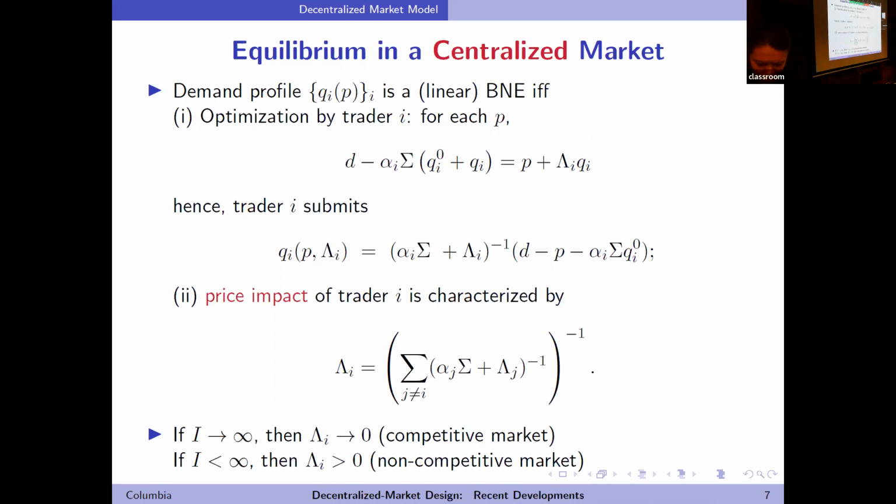Something to observe. If I knew my price impact, let's say I could estimate it, I could then compute my best response demand given that I know my marginal utility. This is clear analytically, but a picture would be useful. And if I can anticipate the capital lambda, the price impact.